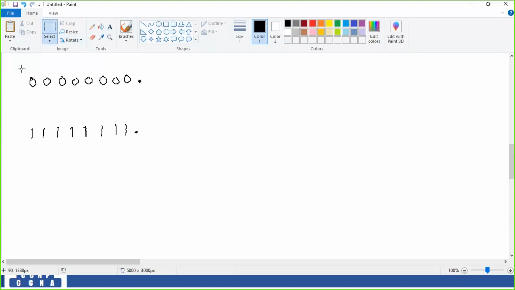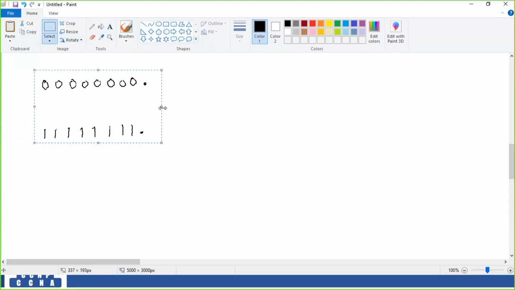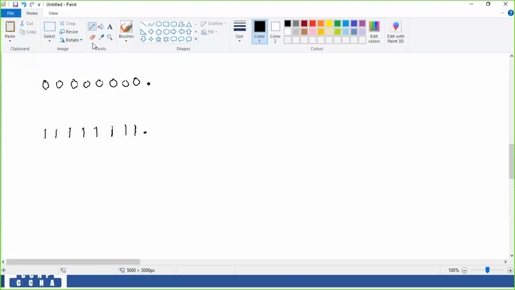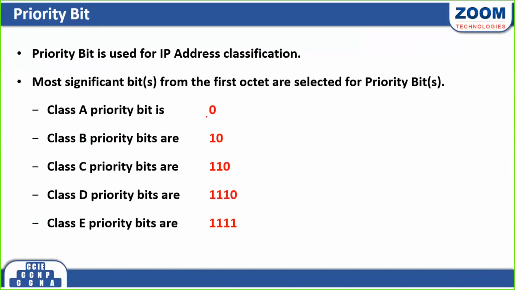Agree everyone? From this first octet, for class A, how many bits are reserved? 1 bit. What is that? 0. For class B, 1 0 means 2 bits. For class C, 1 1 0 means 3 bits, like this.